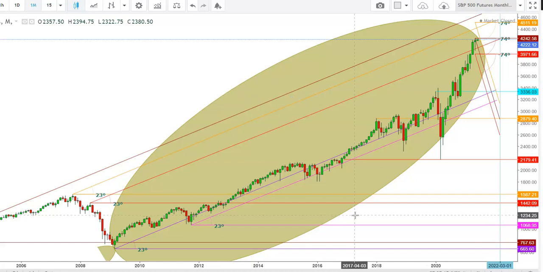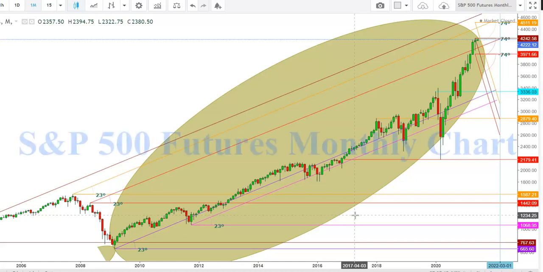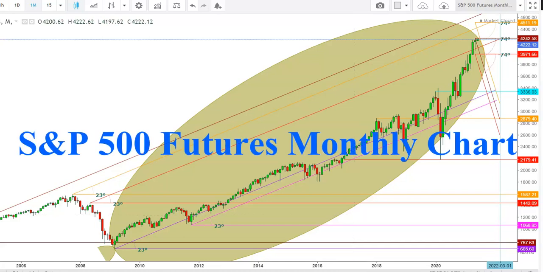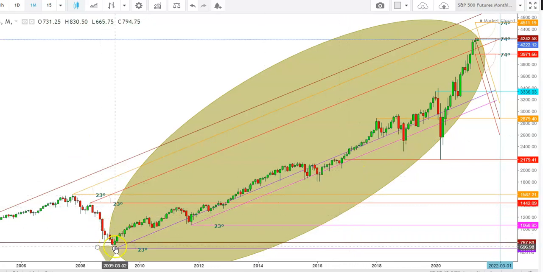So let us start the day to analyze the movements of S&P 500 futures in a monthly time frame. Here in the monthly time frame, you can see how the S&P 500 futures have been maintaining an uptrend since March 2009. The S&P 500 futures started an uptrend after a sharp fall from the levels of 1590, when it tested a peak before the crash of 2008.